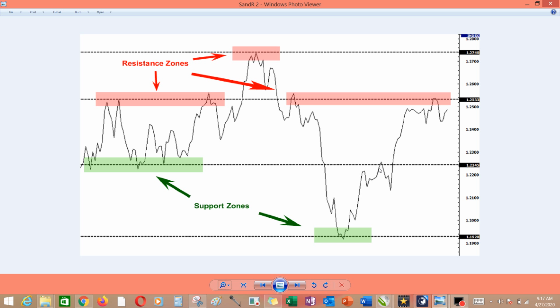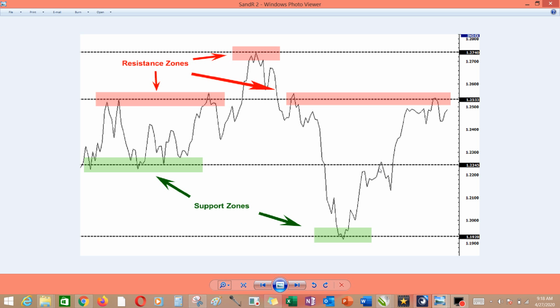Breaking of support and resistance is part of the game. This is the reason why some of you will tell me that, okay, I'm using a certain indicator. The indicator gave me a signal that a spike will happen somewhere here, and I decided to enter for the spike, but the spike didn't happen, and the signal disappeared or was removed.